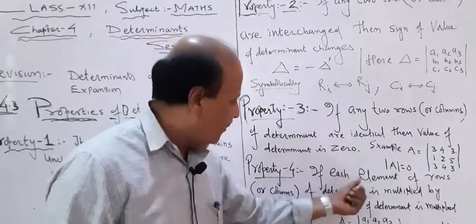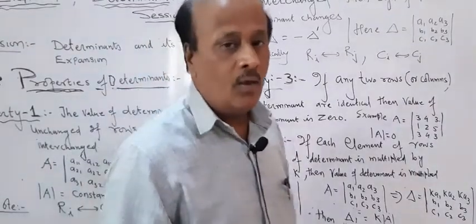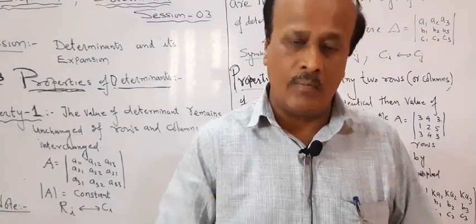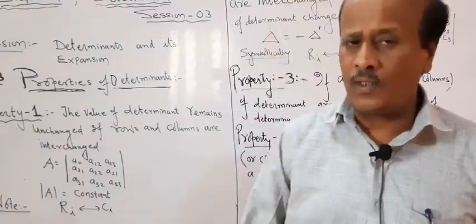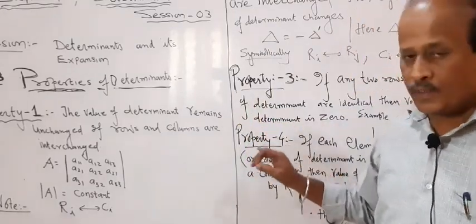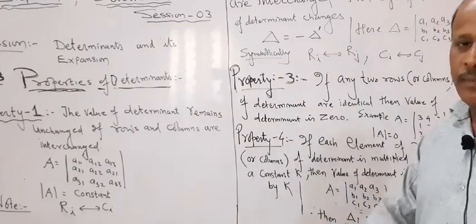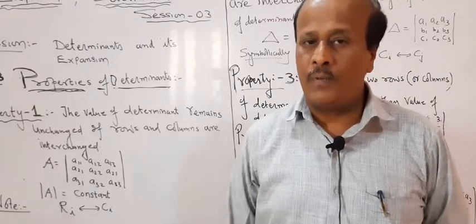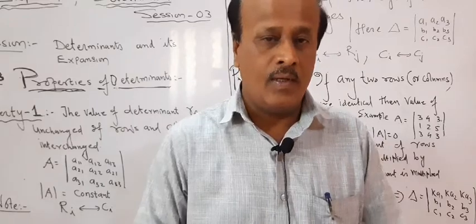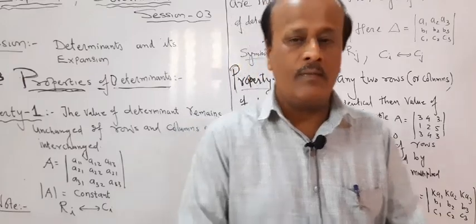If each element of a row or column of a determinant is multiplied by any non-zero constant k, then you will be surprised to know that the value of that determinant will be multiplied by k. Suppose k is 0, then the whole determinant will become 0. So here k should be a non-zero constant.